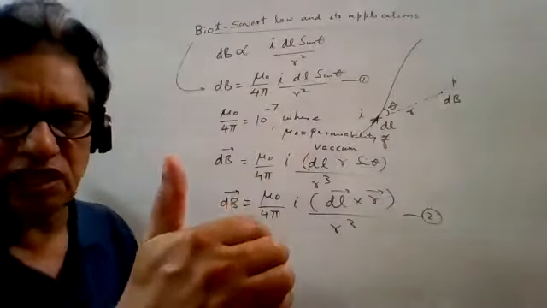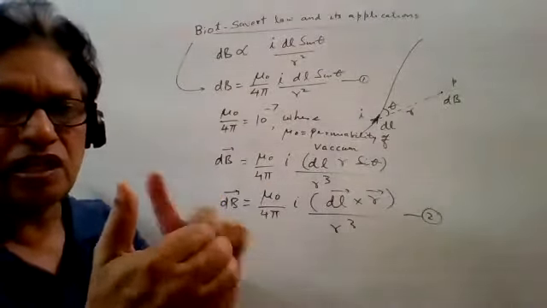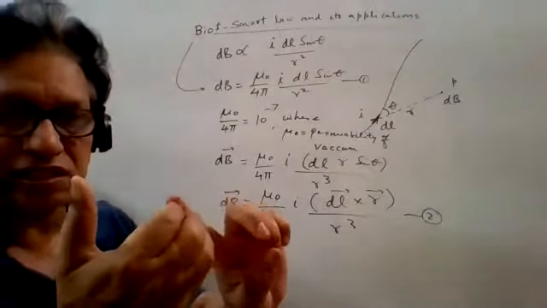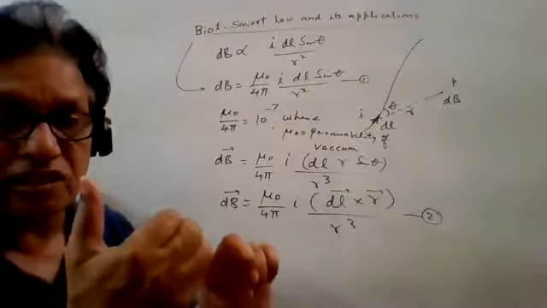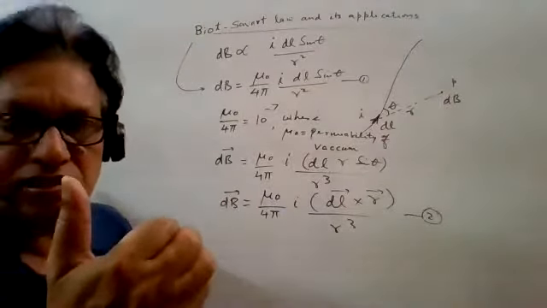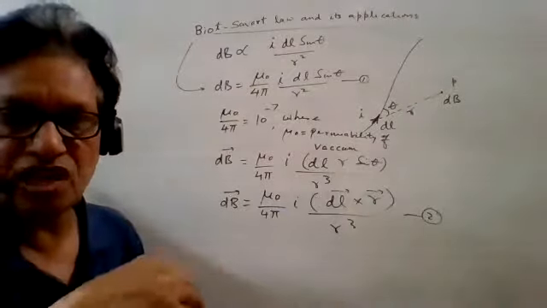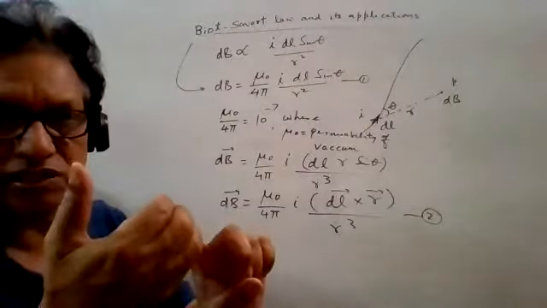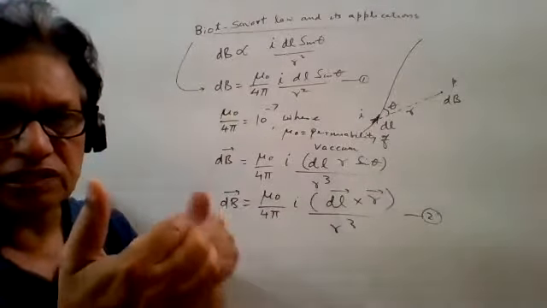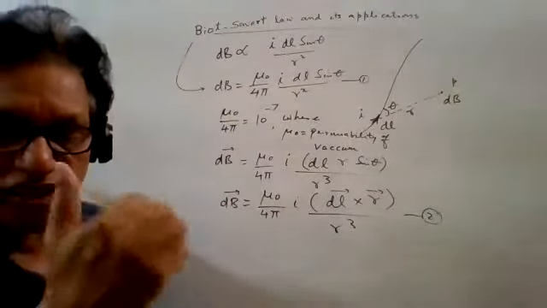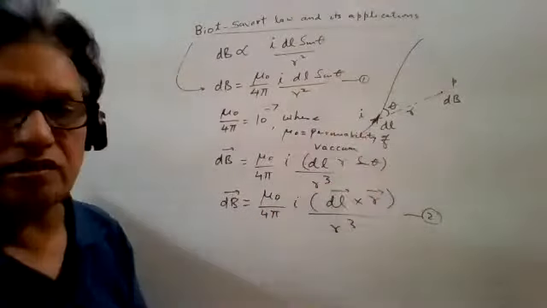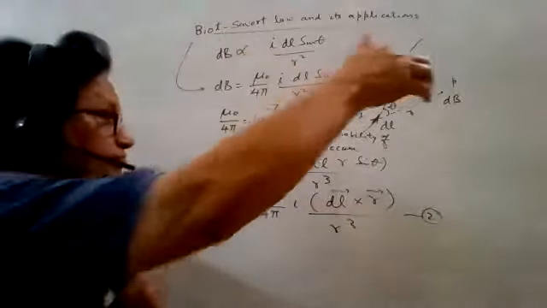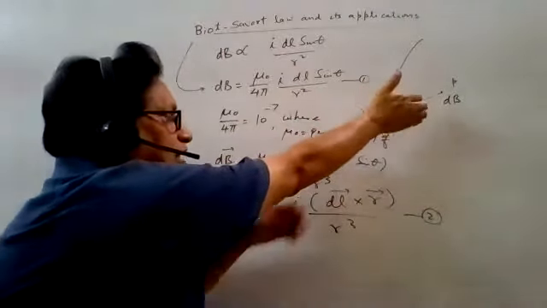But this one is more general, because it can be applied anywhere, whereas the other can be applied only in a curved portion or circular ring. This current, the curling fingers will tell you the direction of the magnetic field. Actually the tangent drawn here. If we are applying it just to find the magnetic field at point P, put it here like this. This is the current and the curling fingers here.